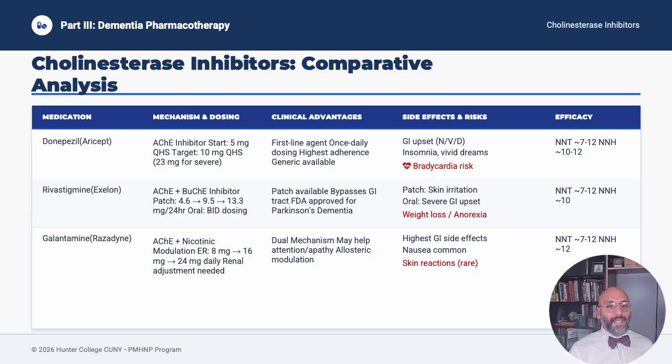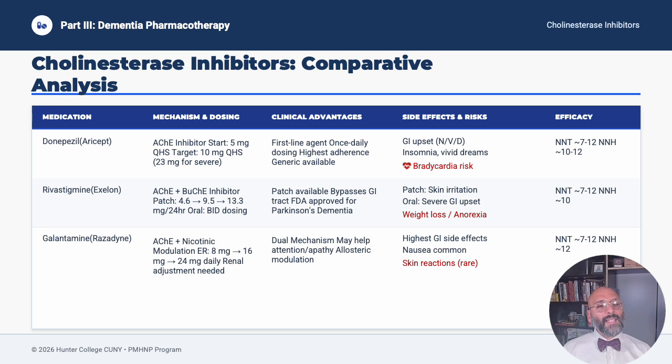It's dosed once a day with best adherence and broad familiarity. The trade-off, though, is GI upset, which could mean explosive diarrhea for some people. Also vivid dreams and bradycardia risk, so heart rate monitoring matters. The GI upset is not common, but it does happen, and you might need to warn people.